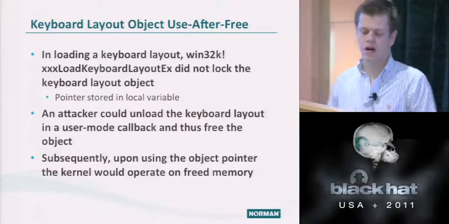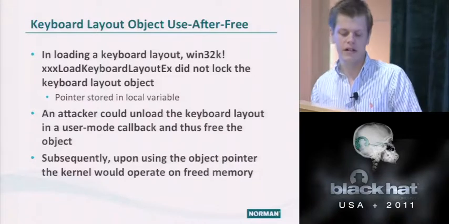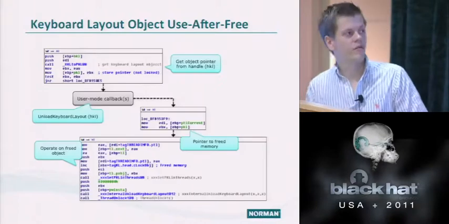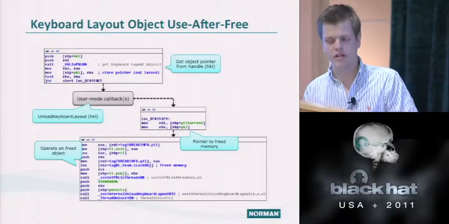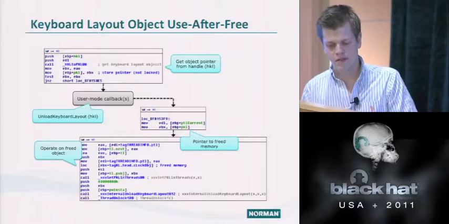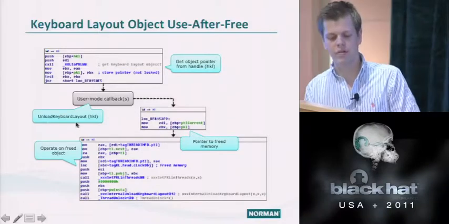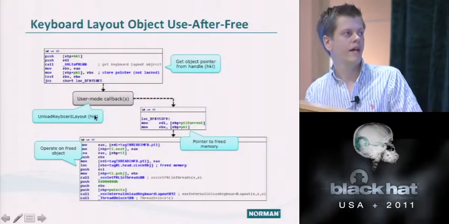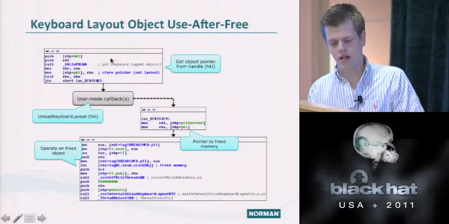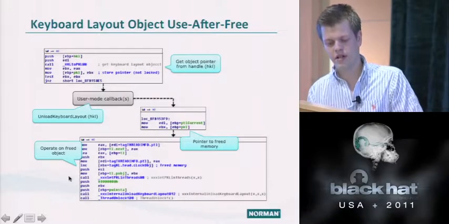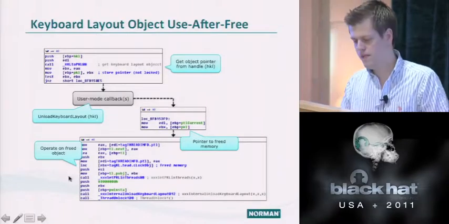So you could unload that handle in a user mode callback, and then the remaining code would operate on freed memory again. So you could easily call the unload keyboard layout function, provide a handle to this that was provided here, and then this function down here would operate on freed memory.